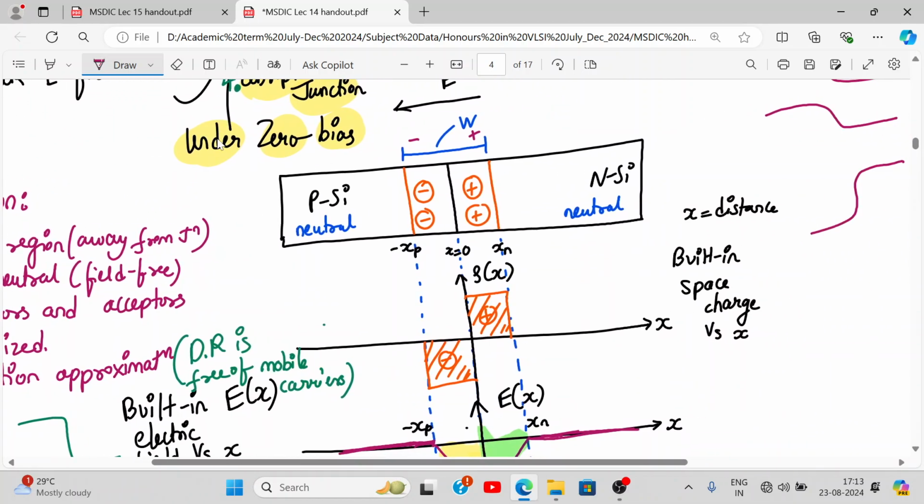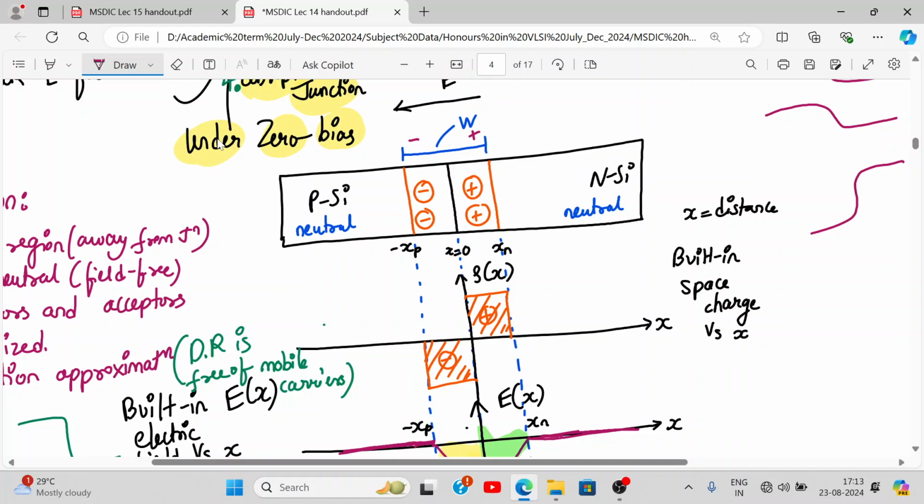Now, this region away from the junction is called the neutral region, where there is no electric field. Electric field is present only in the depletion region, because there are immobile charges here. Here is also a neutral region. We call x equal to 0 the metallurgical junction, where the actual P and N meet.